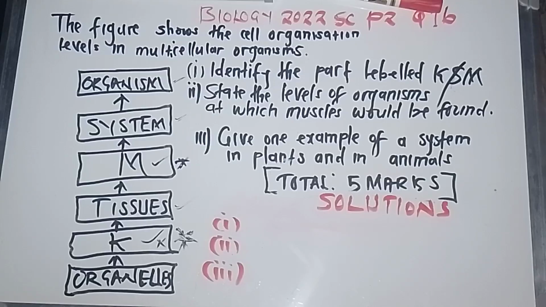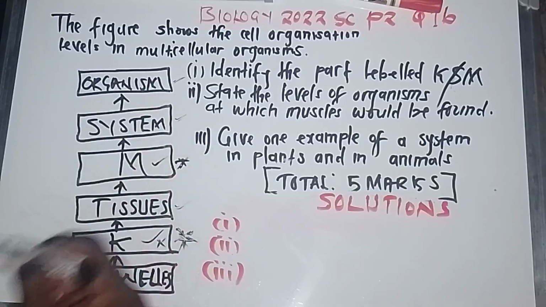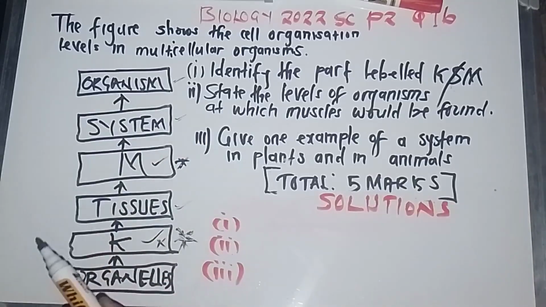That's why an organism consists of main systems. We have the urinary system, the digestive system, the reproductive system and others. An organism is composed of different systems. Alright, so that is how it goes.